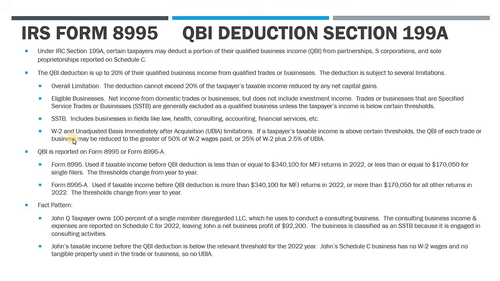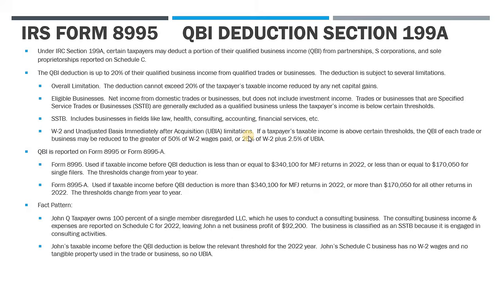The other limitation here are W-2 and adjusted basis limitations. So when we look at UBIA, unadjusted basis immediately after acquisition, this is a reference to the property used in the trade or business. So if the business buys tangible property, has assets, that's the UBIA limitation. It's what do you have on your balance sheet that we can use to compute the limitation.